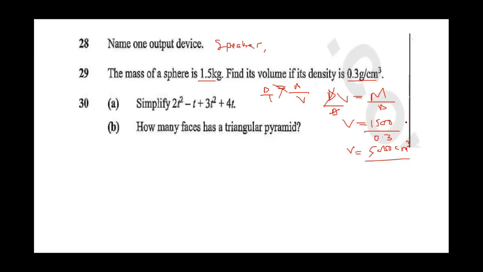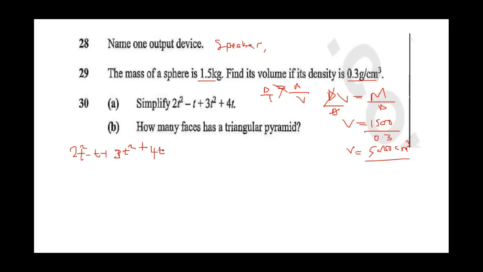So let's just group the like terms. Let's write it the way it is first: 2t squared minus t plus 3t squared plus 4t.